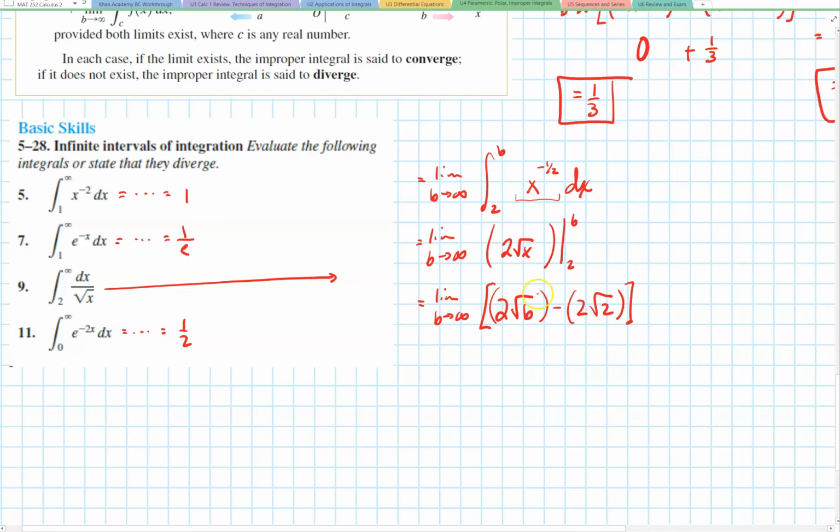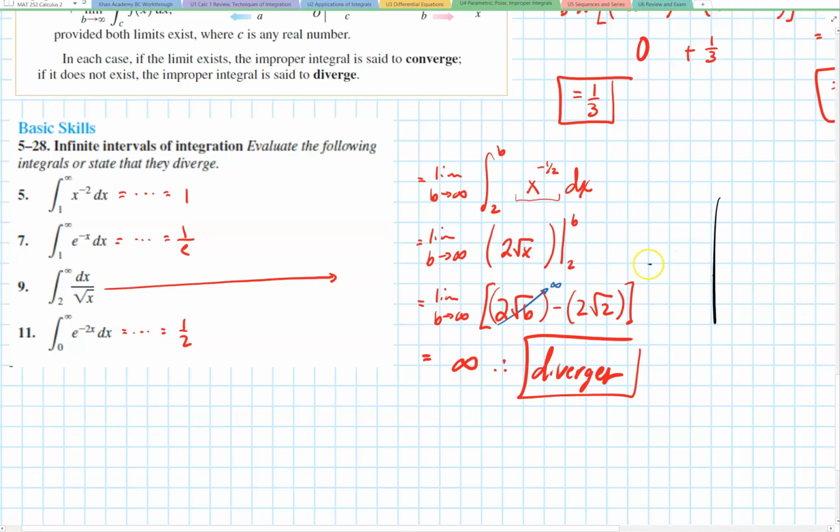But 2 times the square root of b, well, as b increases towards infinity, the square root of b also increases towards infinity, and this thing is going to race off towards infinity. So since this limit approaches infinity minus 2 square root of 2, I would ultimately say that the limit altogether approaches infinity. So the limit equals infinity. Therefore, I would say the integral itself diverges, and we can't actually find the area underneath that curve.